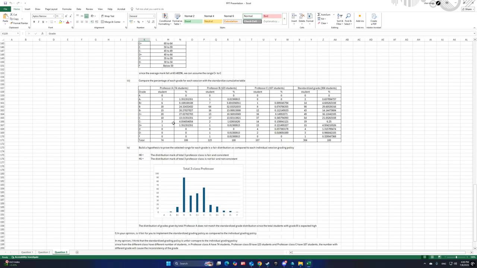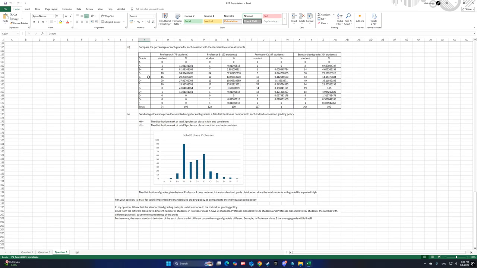So for number 3, we will compare the percentage of grade for each session with the standardized accumulated table. We will compare Professor A, Professor B, and Professor C with the total number of standard grades for all students. So actually we can see the data is quite rough compared to the system.